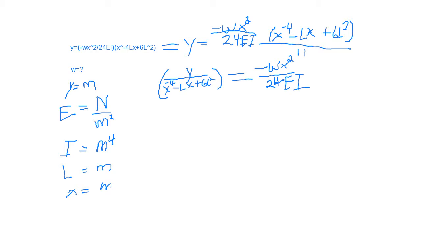All right, see that's why you guys got to talk to me. I'm just writing. Is it negative? No. Mine just says x squared minus 4Lx plus 6L squared. All right, thank you. Appreciate it.